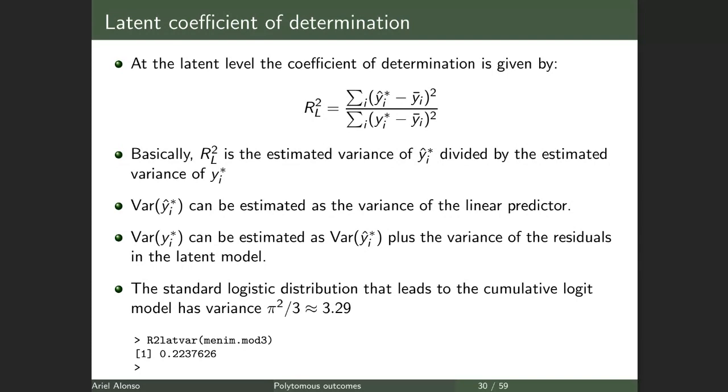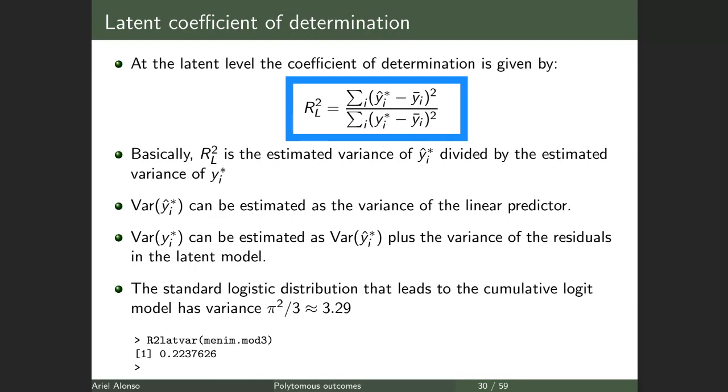Now, you can define also some kind of R square, some kind of coefficient of determination at the latent level. And how would you define this? Well, the coefficient of determination at the latent level will be given by this expression. So what you need to do is estimate the numerator and the denominator if you want to calculate that coefficient.